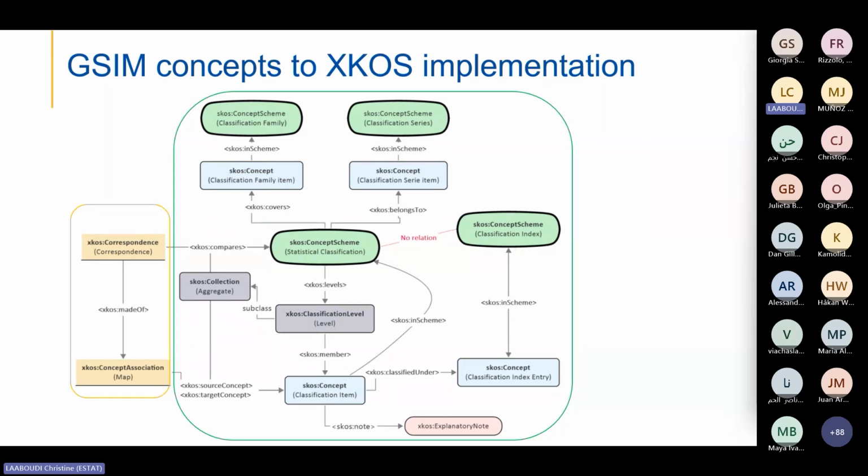For instance, the scheme belongs to the SKOS concept scheme and is linked by the SKOS in scheme property. And we also have an additional class called the XKOS explanatory note that enables describing contextual notes, with versioning, for instance.